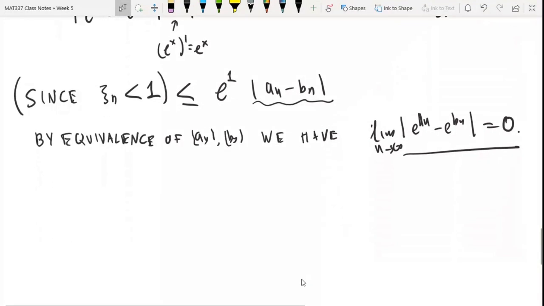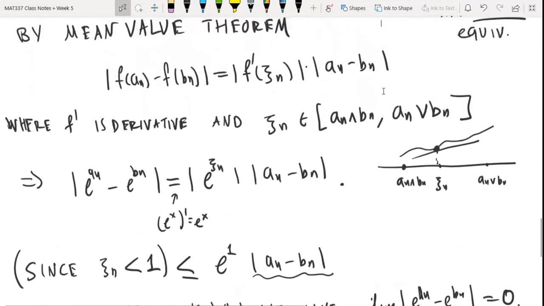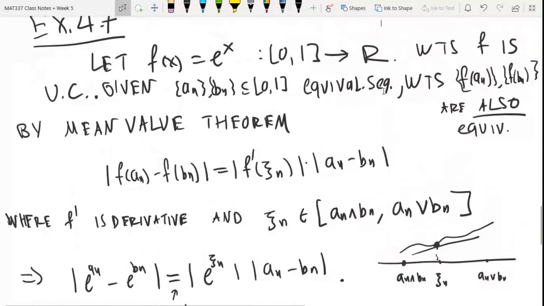So you see, this is very convenient. We didn't have to use any epsilon delta definitions. So just to reiterate, we just proved that the exponential is uniformly continuous, but this is a statement about a global delta.